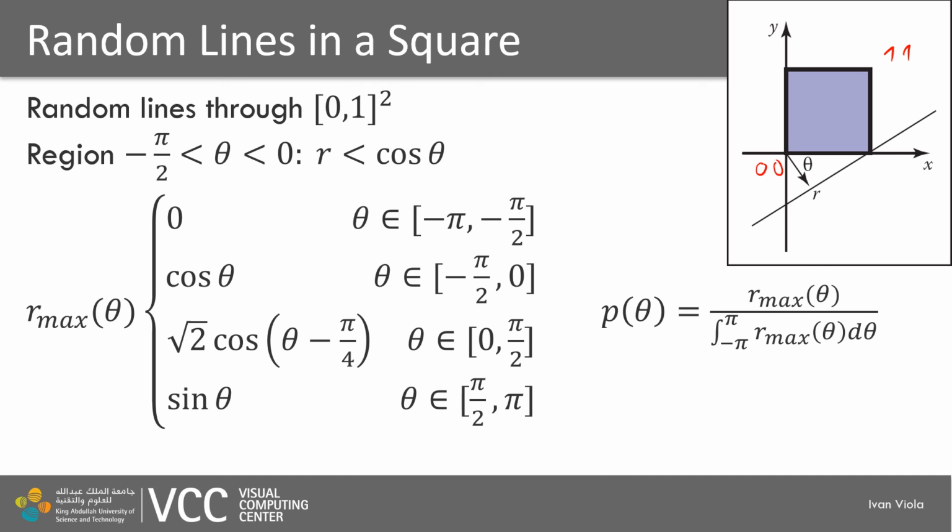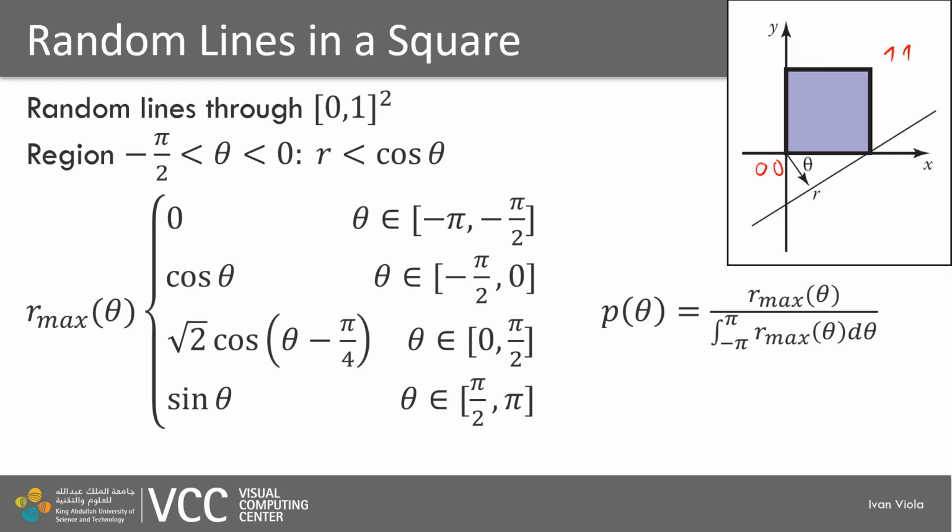The choice should be uniform. Therefore, we will need to define the probability density function of our lines.